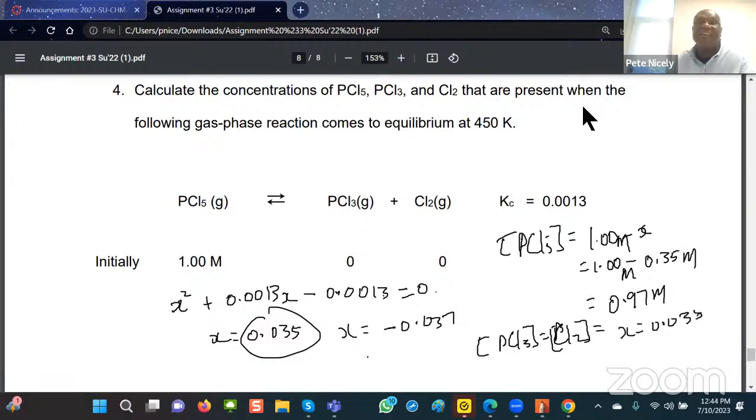I made a mistake here, so let me correct that now. This here should be 0.035.